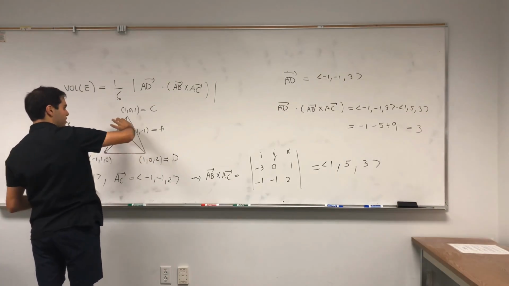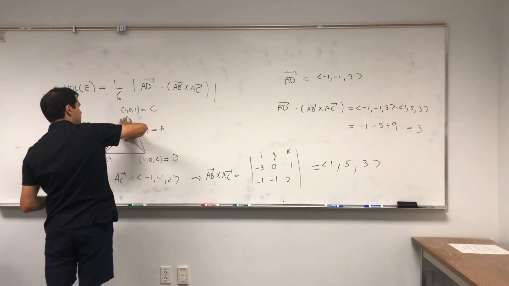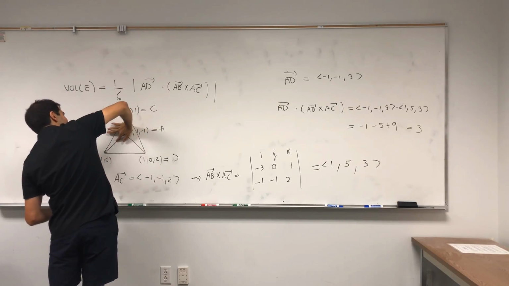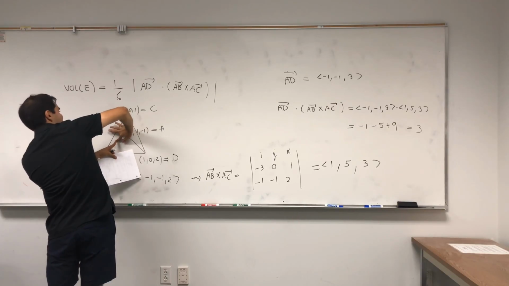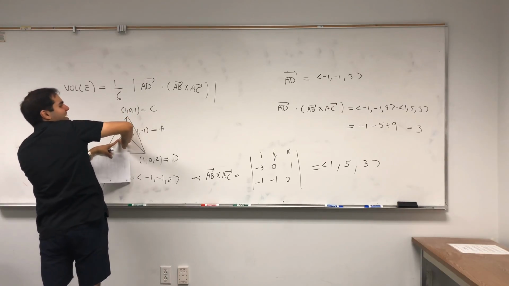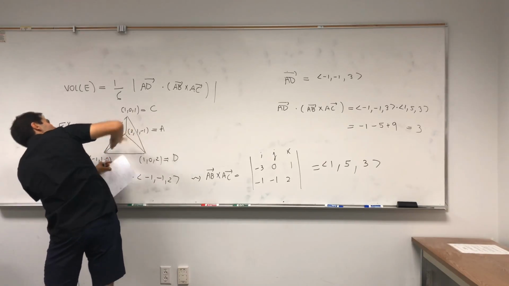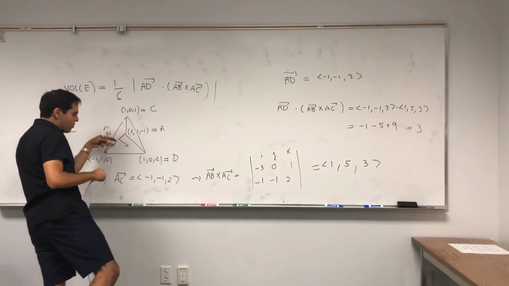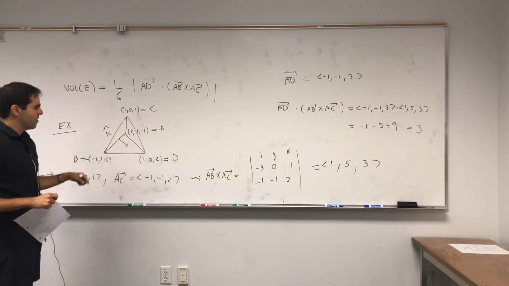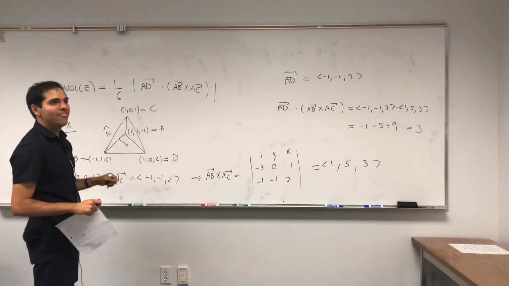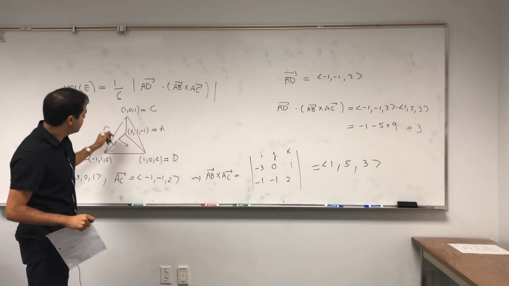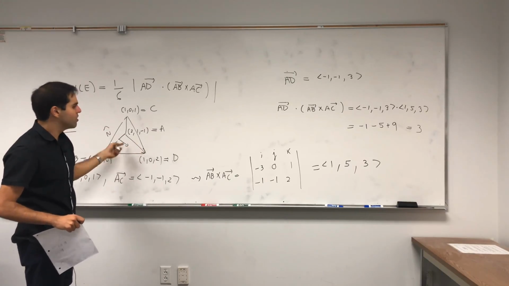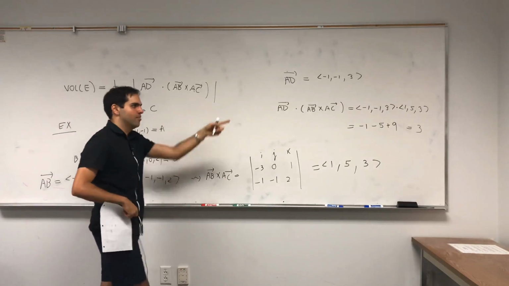Again, if you put your hand with the index finger at B and then the middle finger at C, my hand is hurting, then your thumb points this way. So in fact, here, the unit normal vector points this way. It should point the other way in general. So technically you have to put minus. But AD also points this direction, turns out. And therefore the dot product is positive, which makes sense.